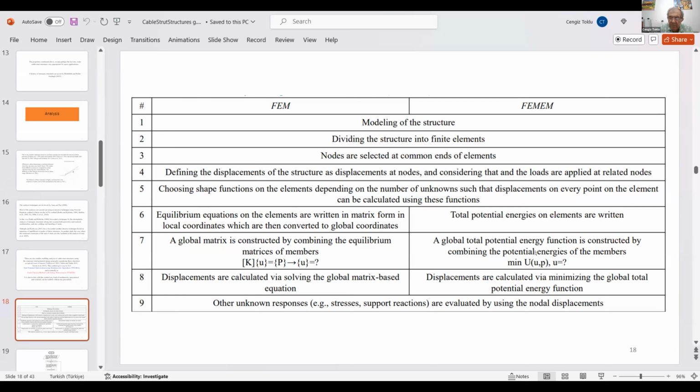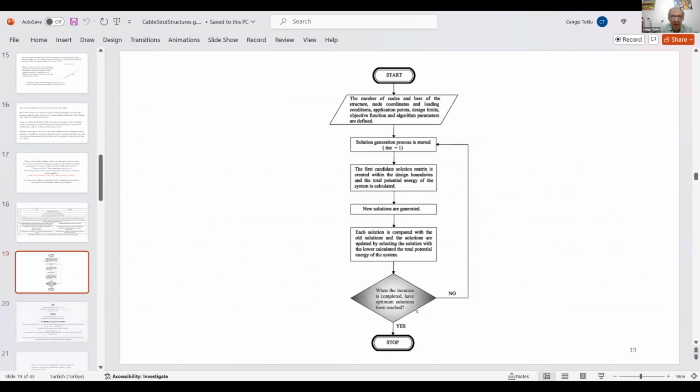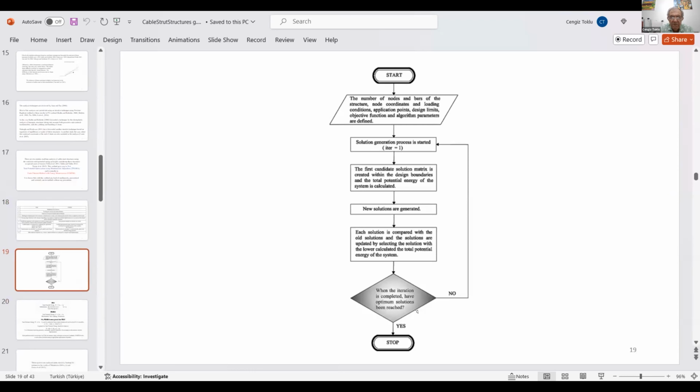We want to make it minimum, so we use an optimization algorithm to find the displacement U that makes the total potential minimum. That is, on the left we solve a matrix equation. On the right we have an energy equation, energy optimization. If we find the displacements, then all the unknowns of the problem can be solved in the next step, step 9. Now, this is a flow chart for the problem.